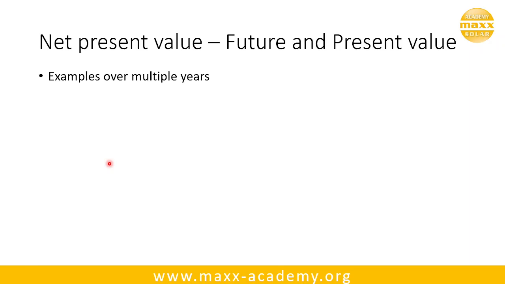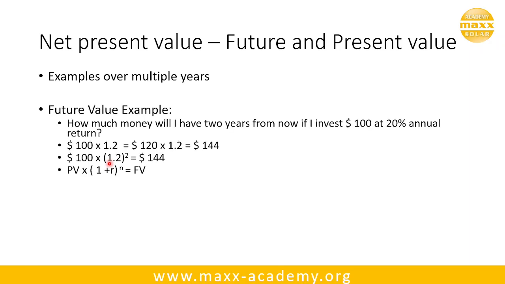It can also be done over multiple years. If we ask again, how much money will I have in 2 years from now if I invest $100 at 20% annual return? Then we take 100 times 1.2, and that gives us 120. And we take that amount again and multiply it by 1.2, and that gives us $144.